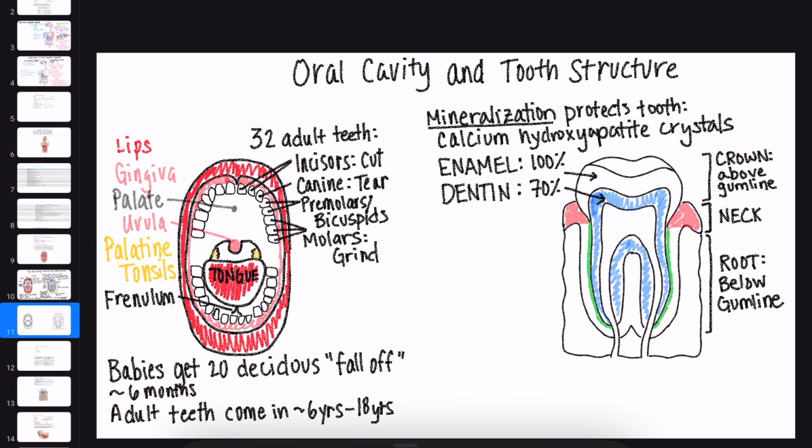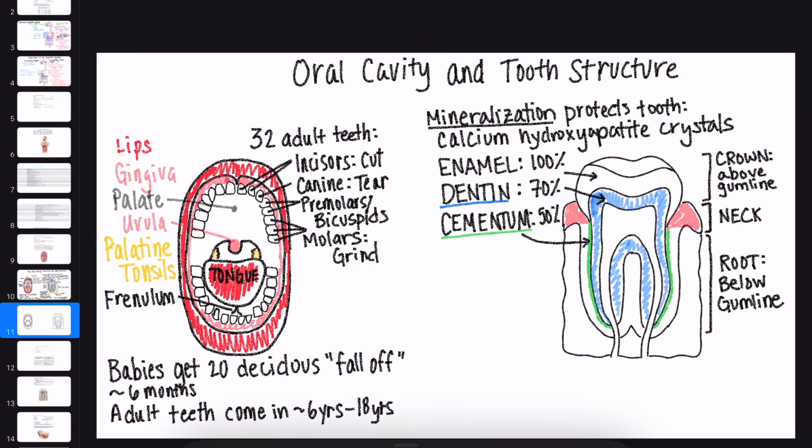So let's put cementum here. So it's 50% mineralized, and that is the green. Maybe I'll put a green line right here, and then a blue line right here, and then the enamel is on the white top part of the tooth.